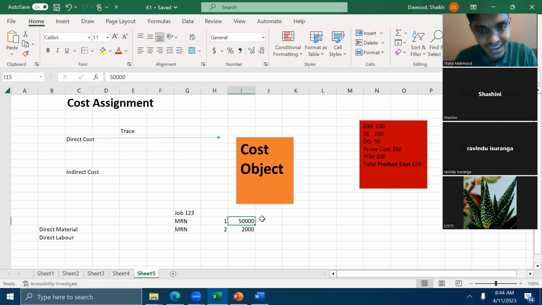If we list like that, at the end of production we will know the total materials we requested from the stores in order to produce this particular job.